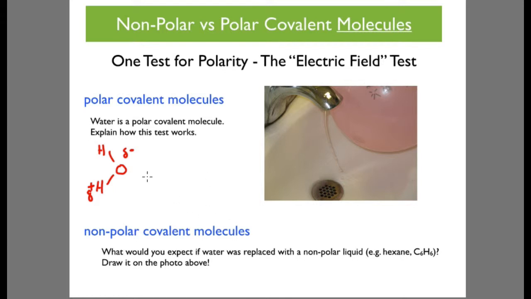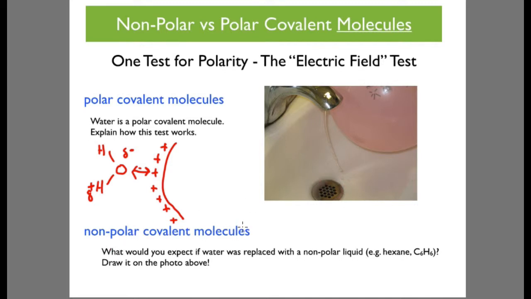And if you've got a big balloon like this, and someone's rubbed the balloon, you're either going to get a positive charge on the balloon or a negative charge, depending on whether electrons were added or removed during the charging process. Let's say electrons were removed, you'd have a whole bunch of positive charges here. Okay, if this is the case, then the delta negative, the negative dipole on the oxygen, would be attracted to it, and you get a bending of the water stream here.